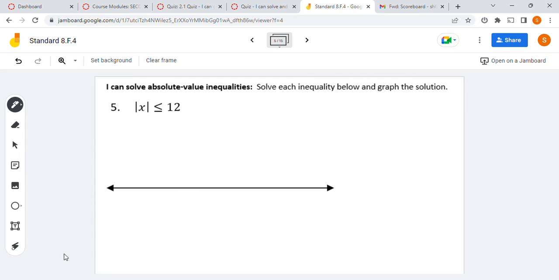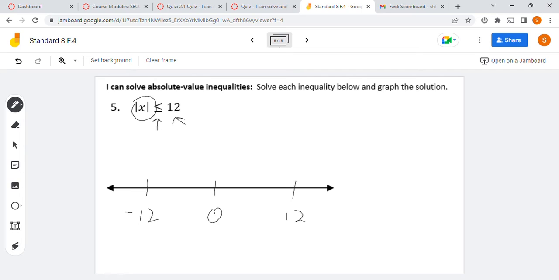For the absolute value inequalities, we are going to separate it into two scenarios. Absolute value talks about the distance from 0. So this says our distance from 0 needs to be less than or equal to 12. So we're going to have over here at negative 12, positive 12, and 0 here in the middle.